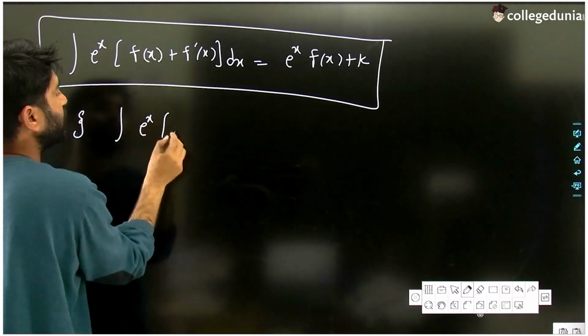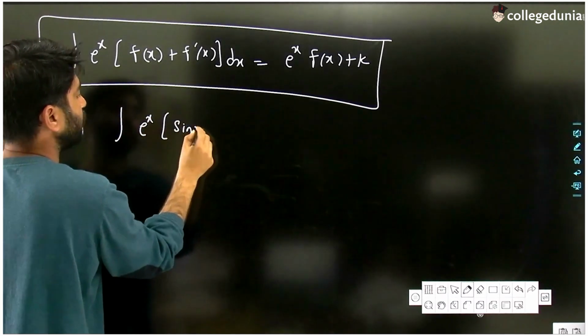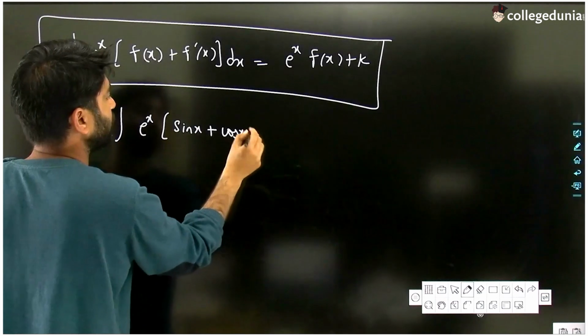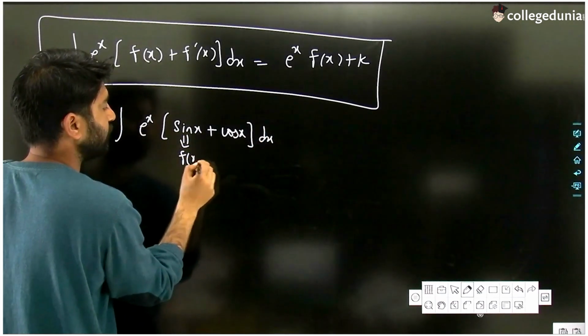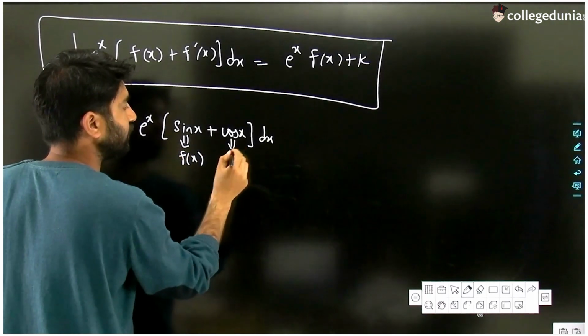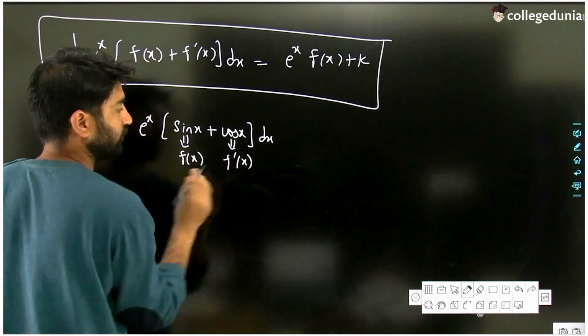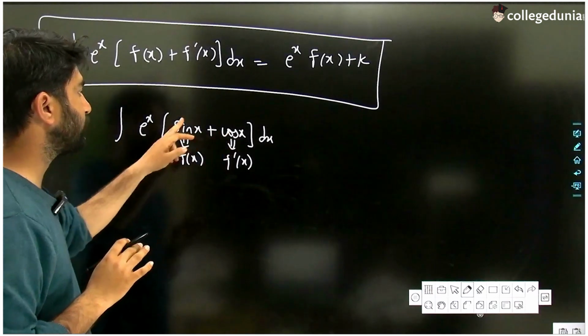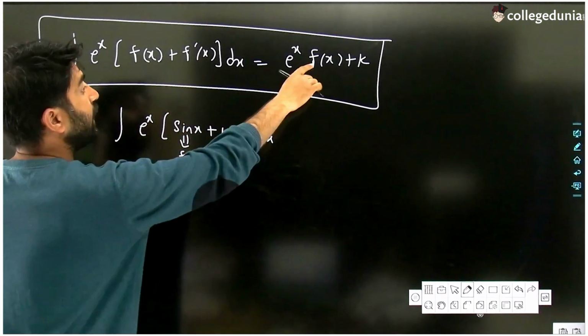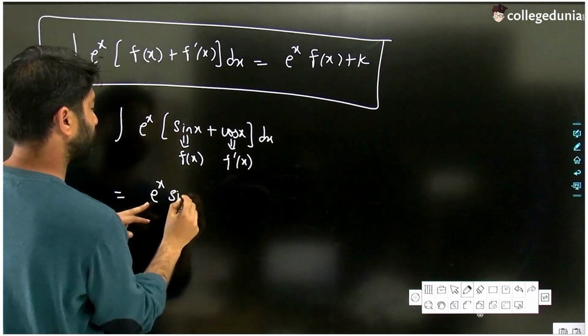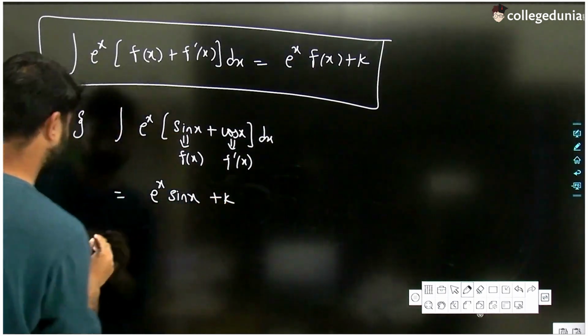Let's say we have to integrate e^x into sin x plus cos x. So you can clearly see this sin x is the function f(x) and this cos is the differentiation of sine, right? So we can simply write this as e^x f(x), that is, sin x, plus k.